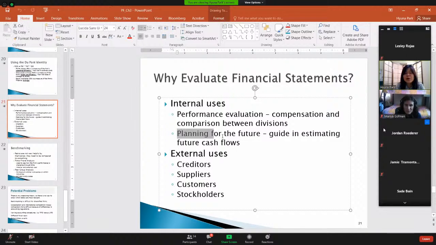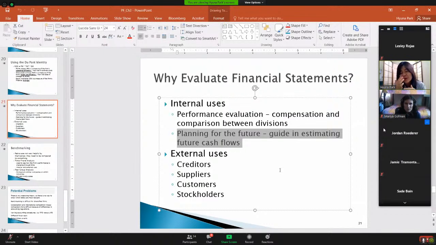Also, the CEO may want to look at, we are making a plan for next year, so how is our asset utilization? When we make plans for next year, where do we stand currently in terms of asset utilization?